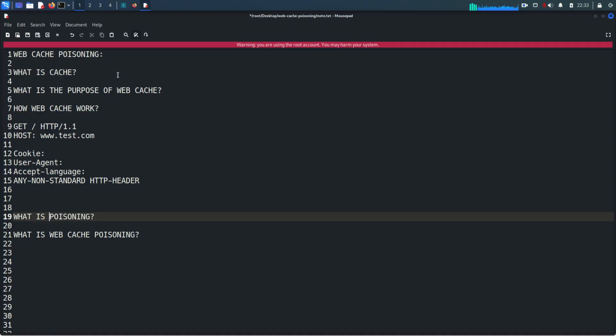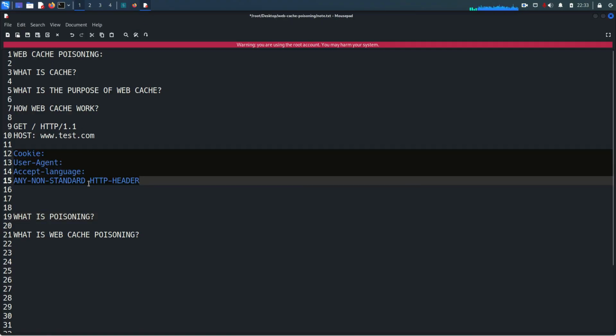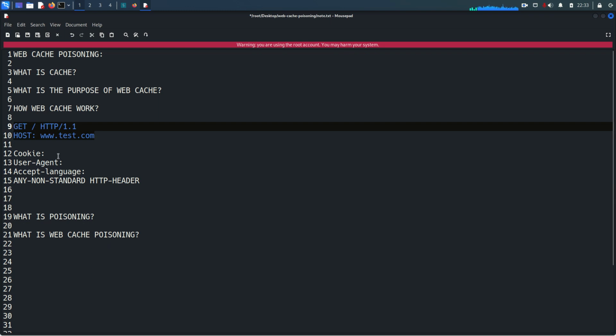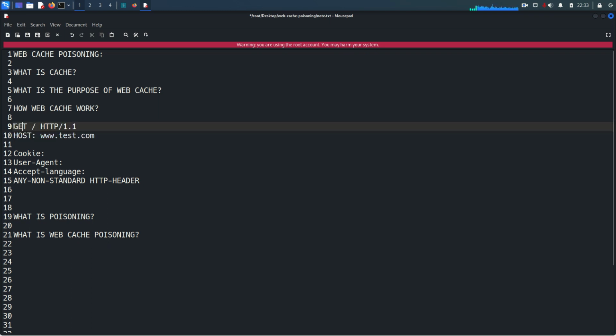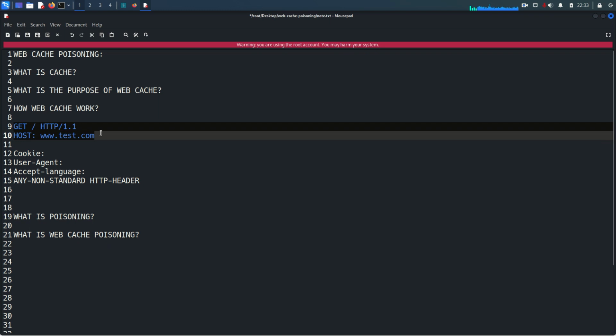I also mentioned before that whatever the cache does not use to match a request is unkeyed. So the cache will see only these two lines. There could be more parameters, but for general purposes, suppose for example that the cache is going to see just these two lines to match the request.